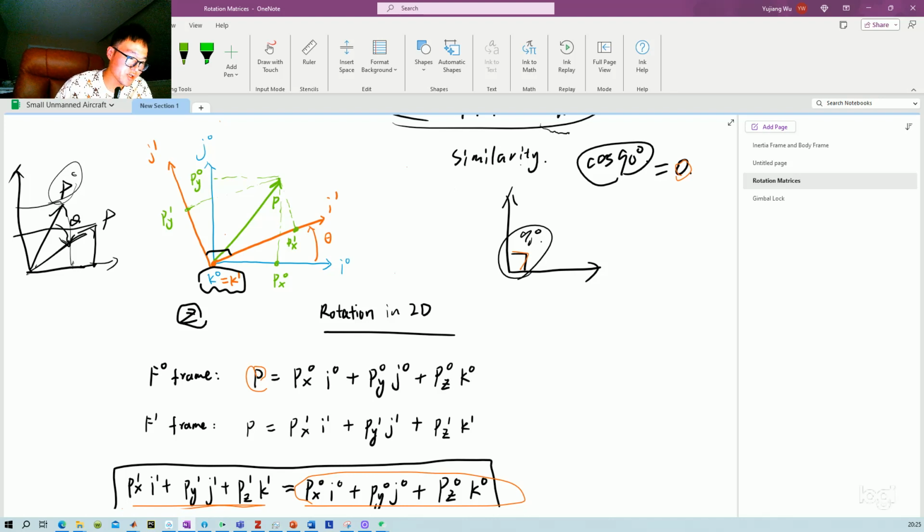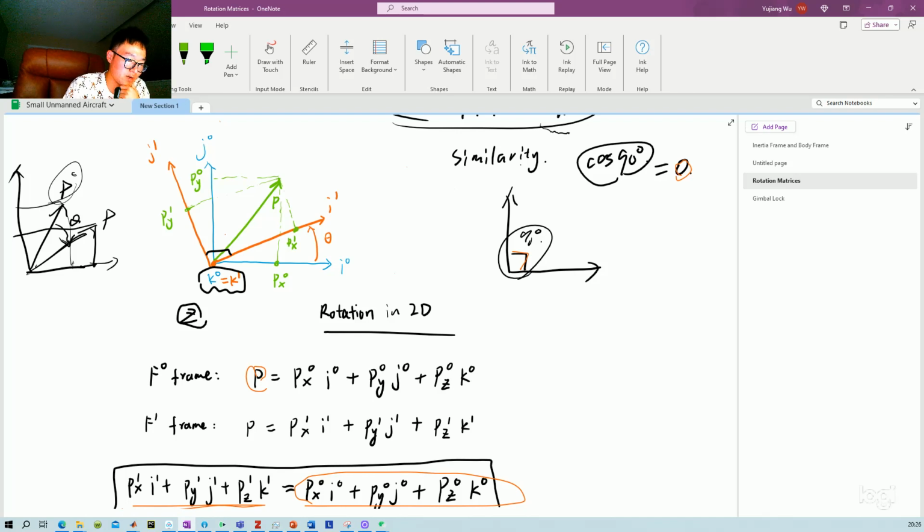So the rotation matrix has two uses. One is, if you think about the frame rotating, you can compute the representation of P in the new frame if you are given the representation of P in the old frame.